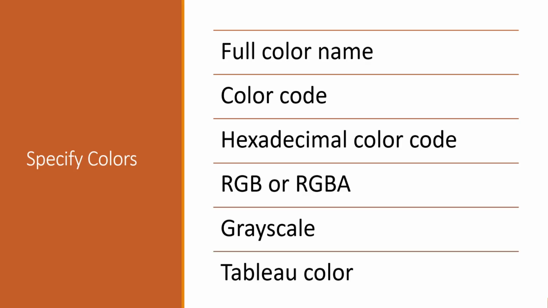Another way is an RGB or RGBA tuple. Here RGB stands for red, green, blue, and RGBA stands for red, green, blue, alpha. The next one is grayscale intensity, which is represented as a float value in the closed interval for grayscale values, and it lies between 0 to 1, where 0 stands for black and 1 stands for white.